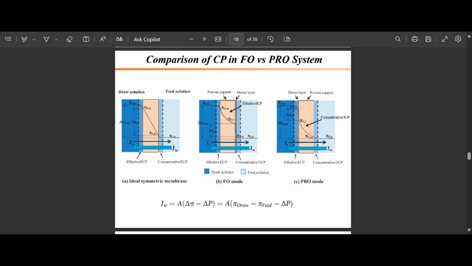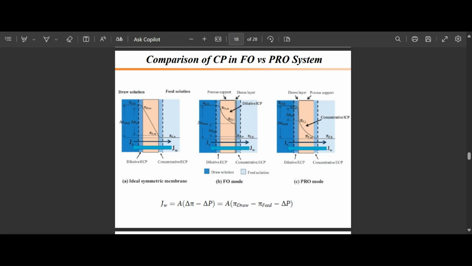Why should PRO not be designed for water production? That's my question in your exam. Does anyone know that? Anyone? FO is designed for getting water, like reverse osmosis.